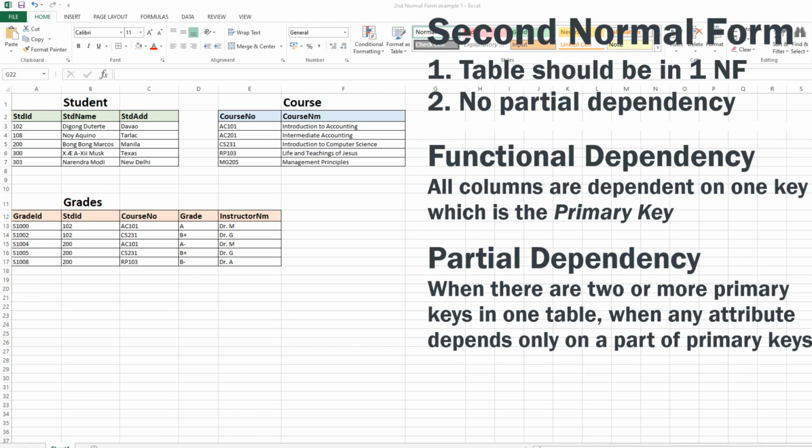This is a situation whereby two keys form a primary key. But now let's look at what partial dependency is.